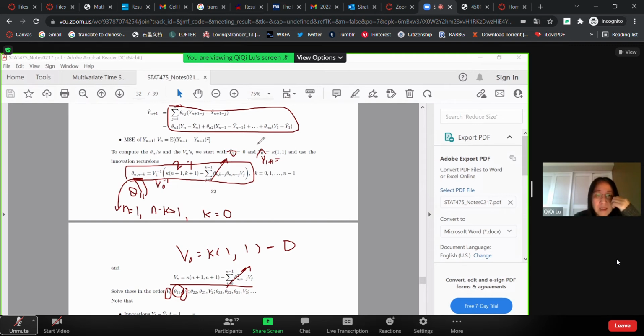So y1 hat is 0 again, because when you have no data, we use the mean to estimate y1, and the mean is 0 for this process. So we just use this equation to recursively estimate all the coefficients here. After you do V2, you calculate two coefficients, and you do V3, and so on.